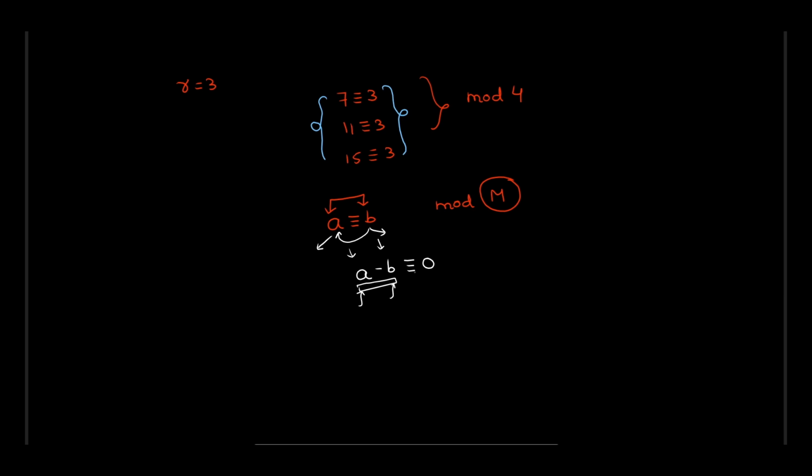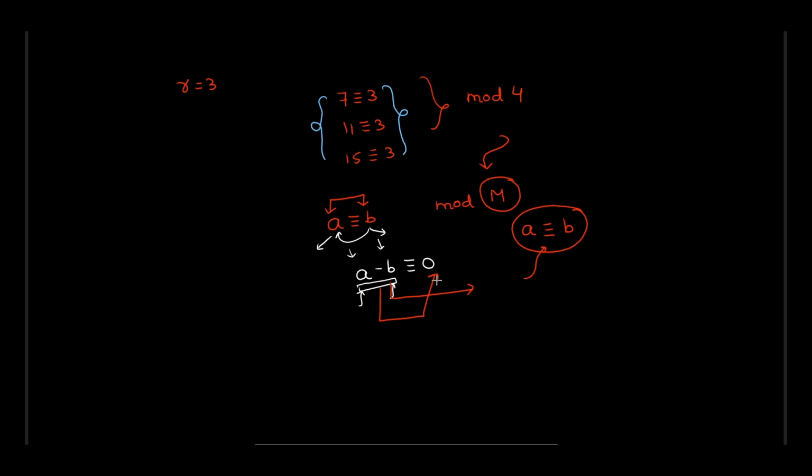But how does this fact help us? Because with this fact, you can prove a lot of other theorems that are related to congruency. This time we are saying that A is congruent to B in any world of M if and only if their difference is congruent to 0, and we are not even talking about remainders anymore.